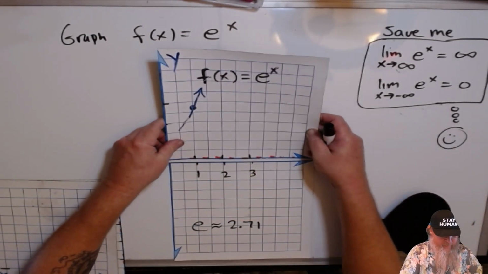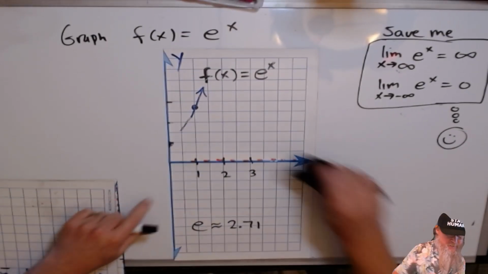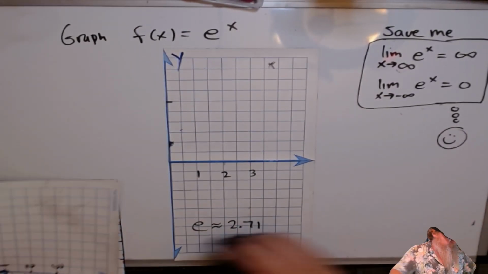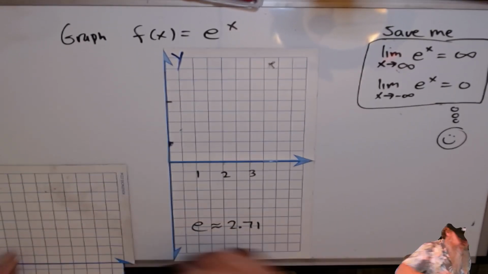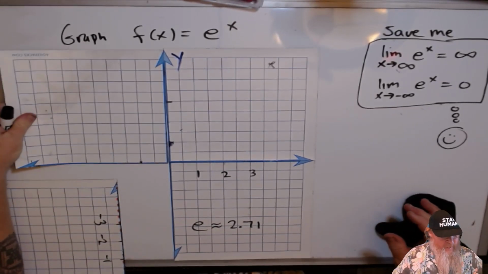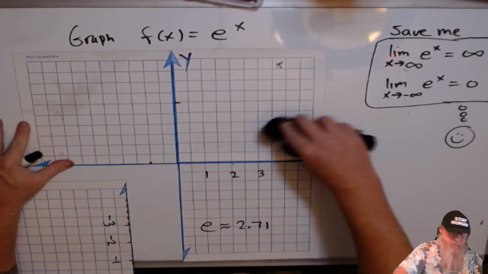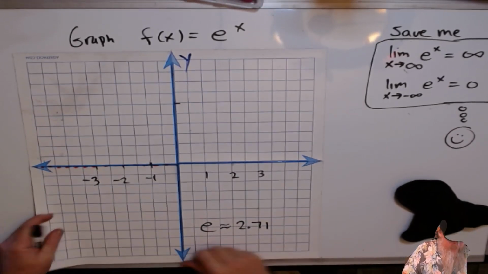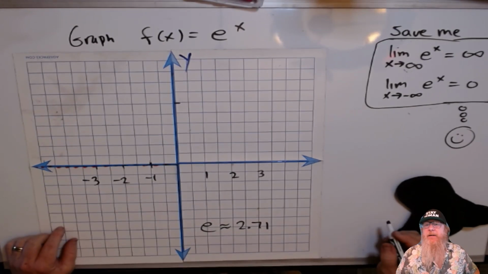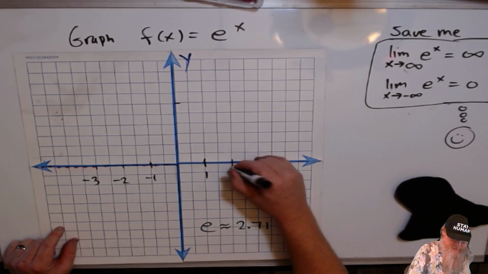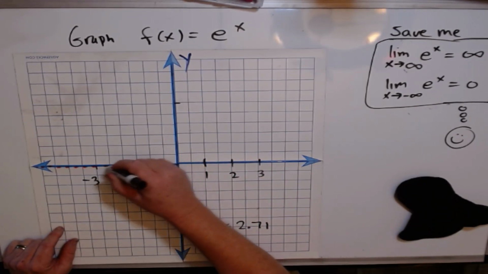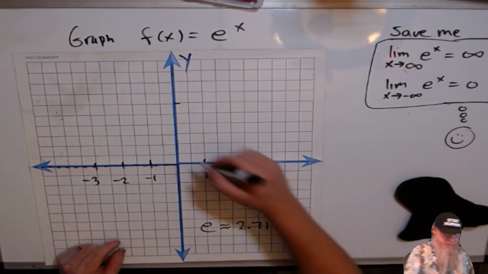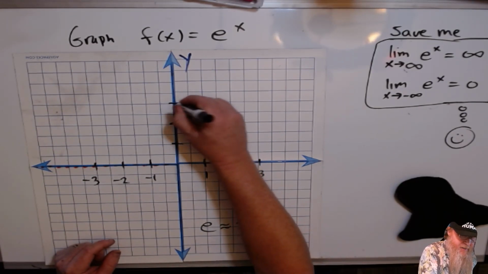It's not necessary to be any more precise than that. All right, so here's my grid. I'm doing a scale of 2 to 1. So 2 blocks equals 1 unit. Just makes it a little easier to see.